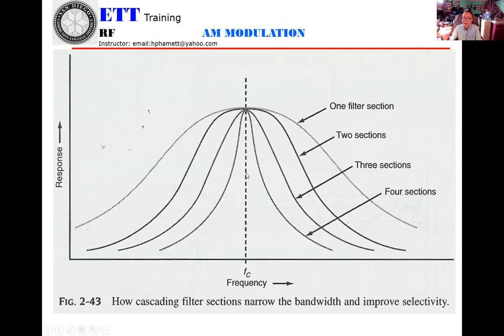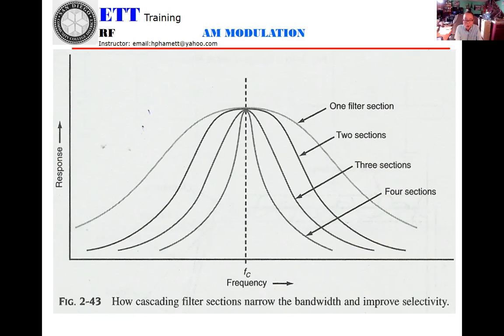That will be a narrow band. What do they mean when they say one filter section? Is that one pole? Exactly. One pole. 2 will be 2 poles. 3 will be 3 and 4 will be 4.